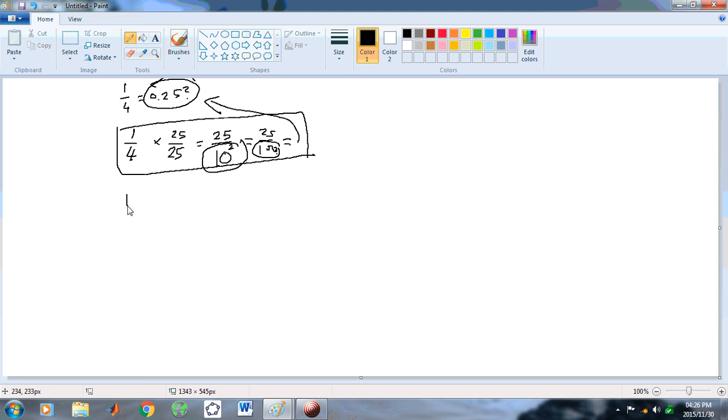It's not possible to do this with 1/3. Why? Because 10 does not contain all the prime factors of 3. Okay, there is no number here that when we multiply it by 3 will give us 10 to an integral power. Okay, there is no such number.